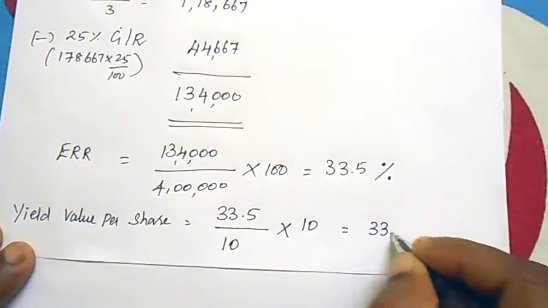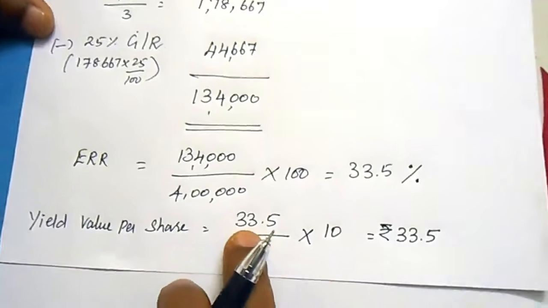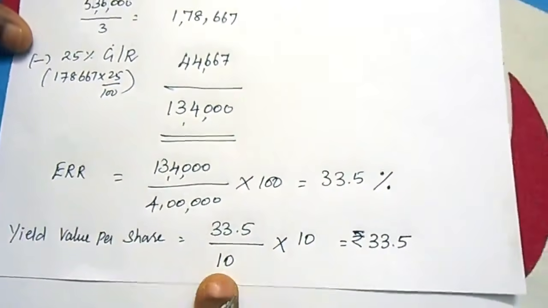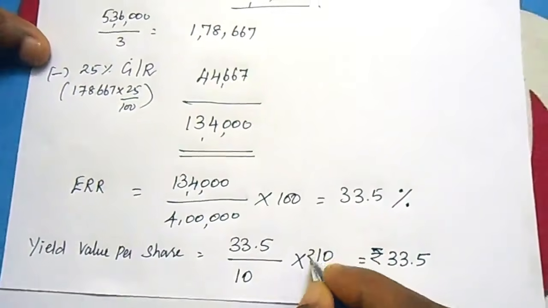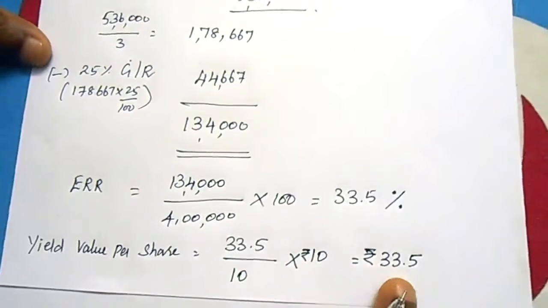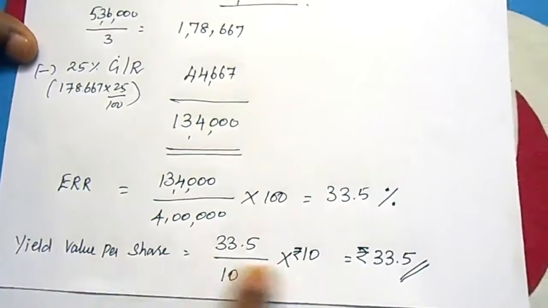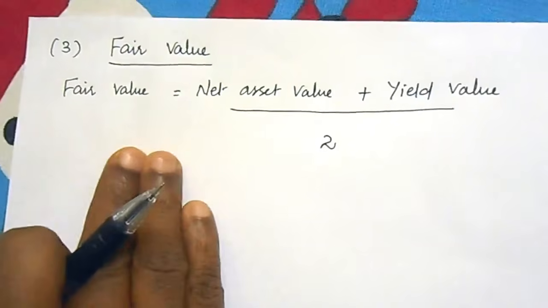So what is the value? ERR is 33.5% divided by NRR 10% into paid up value per share of 10 rupees. The answer is 33 rupees 50 paise. So according to yield value per share, the value per share is 33 rupees 50 paise.